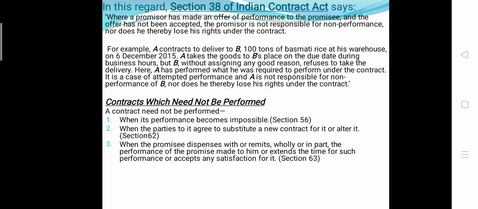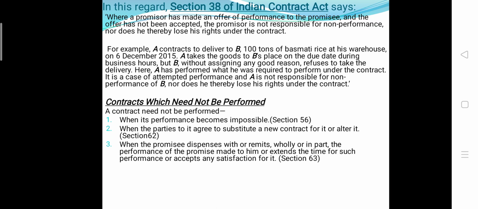Here, A has performed what he was required to perform under the contract. It is a case of attempted performance, and A is not responsible for non-performance of B, nor does he thereby lose his rights under the contract.